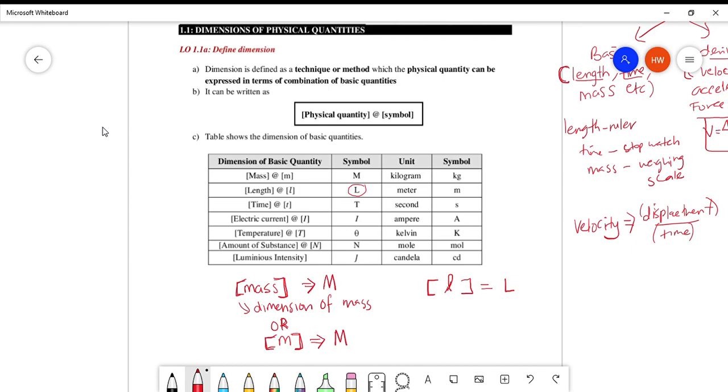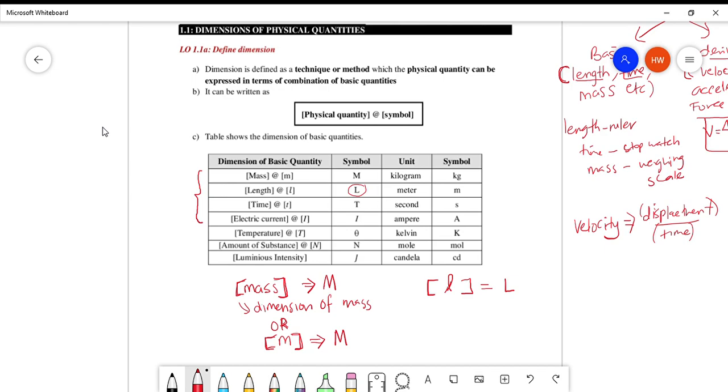For time, the dimension is capital T, and for current it is I. You need to know and remember the units, as this is going to be very important in writing the final answer. We usually use up until this one.